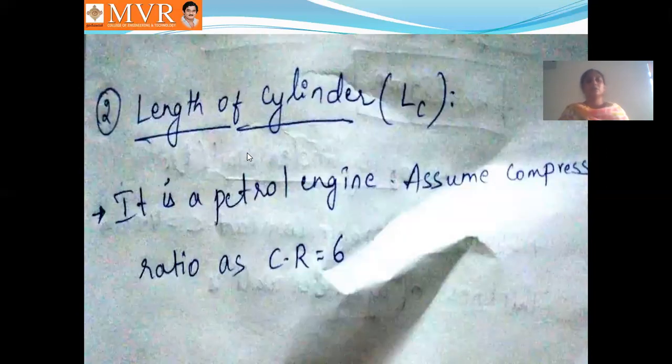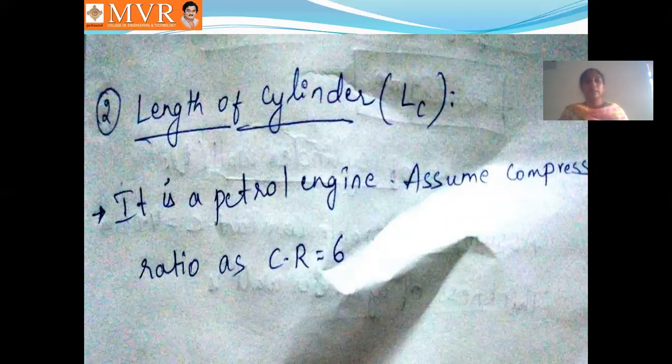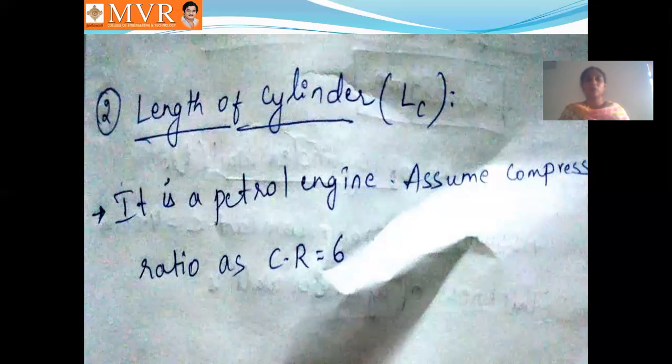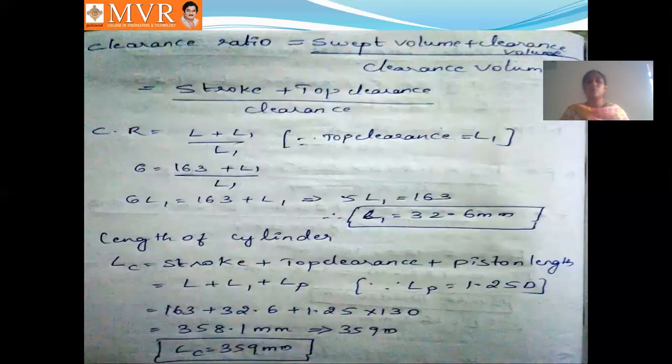Okay, next, the second one: we should find out the length of cylinder. Here in the question they have given a petrol engine. Assume it is a petrol engine, assume compression ratio as 6. Clearance ratio is equal to compression ratio, which is swept volume plus clearance volume by clearance volume.